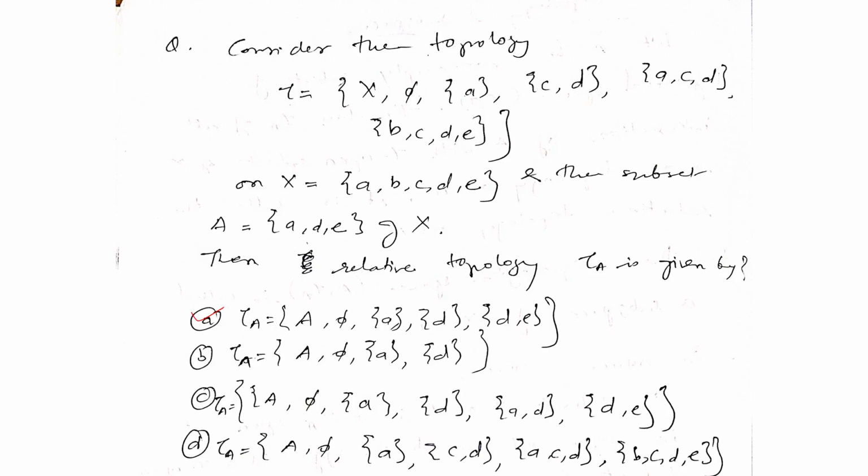Tau, is it forming a topology first of all? If you are getting option A, then is it a topology? Because you have those conditions also, na? That its union should be there.